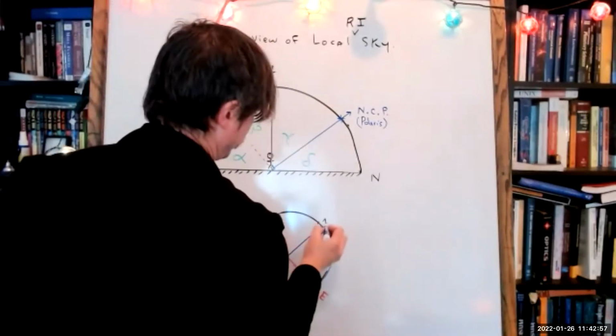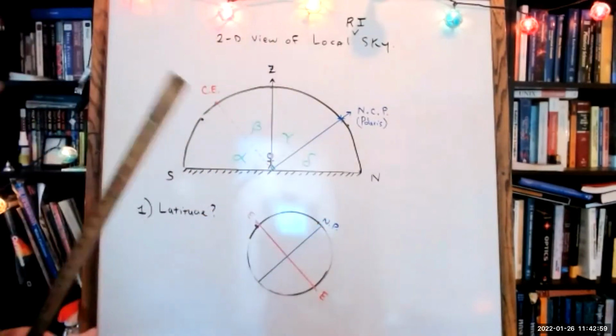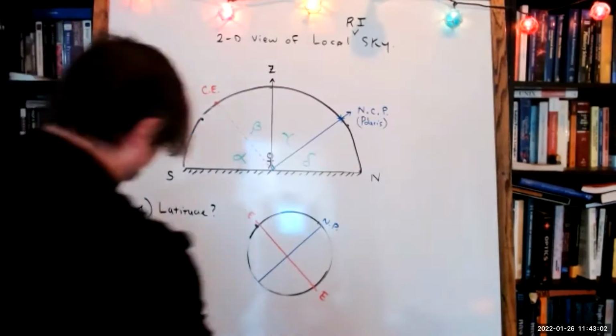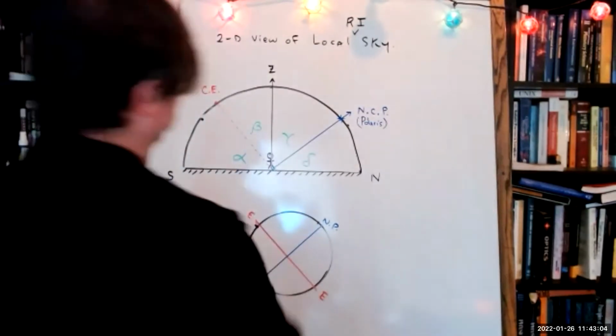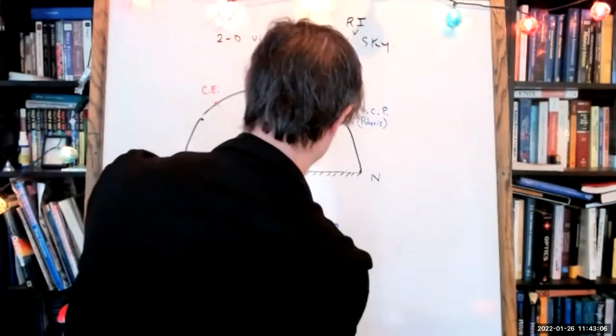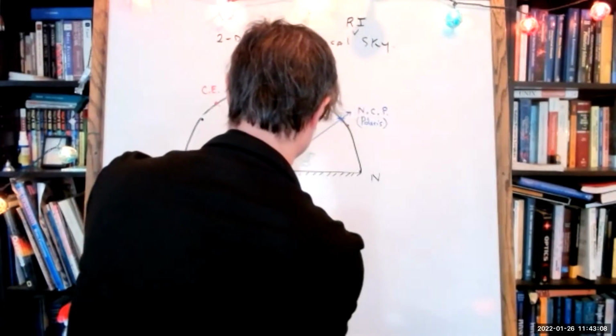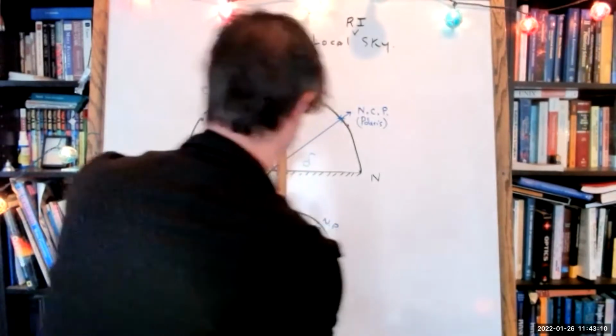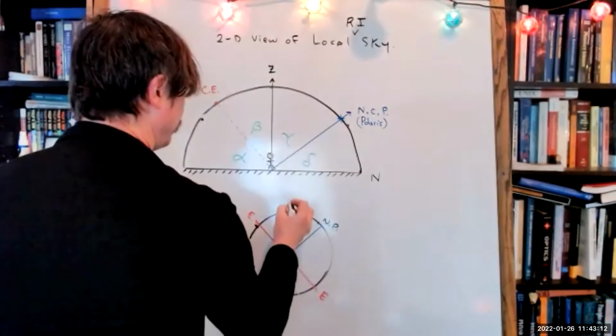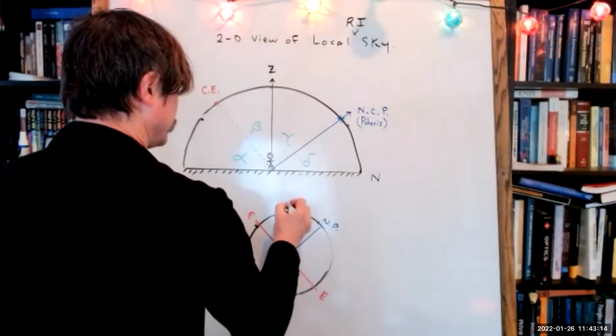So since we're kind of halfway up the globe, I need to draw a line from the center of the Earth pointing up that hits Rhode Island. If Rhode Island has a latitude of, so here's your observer actually.